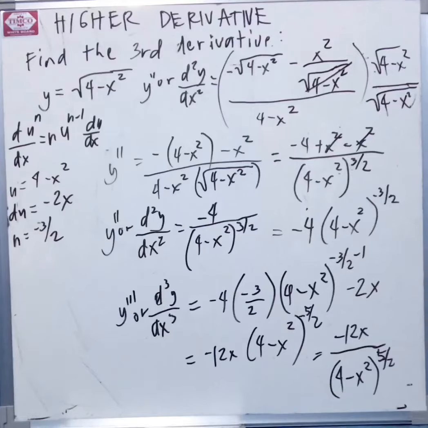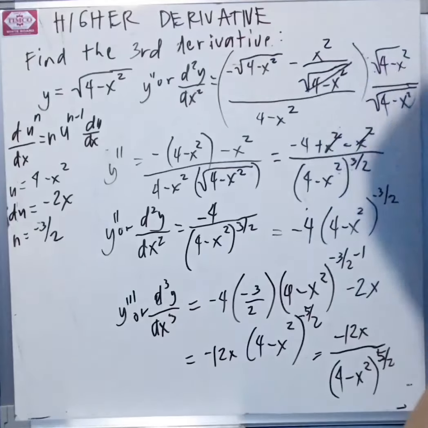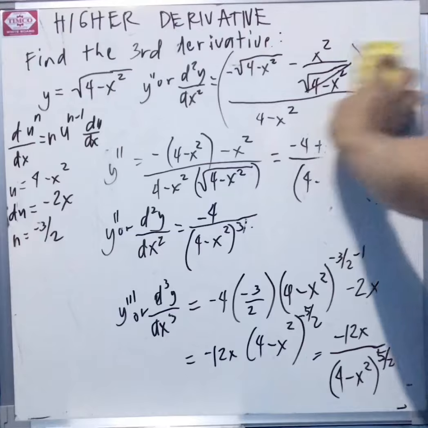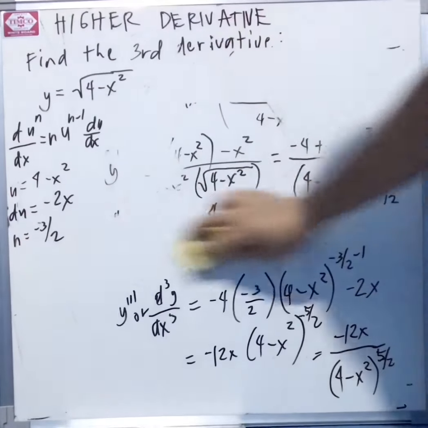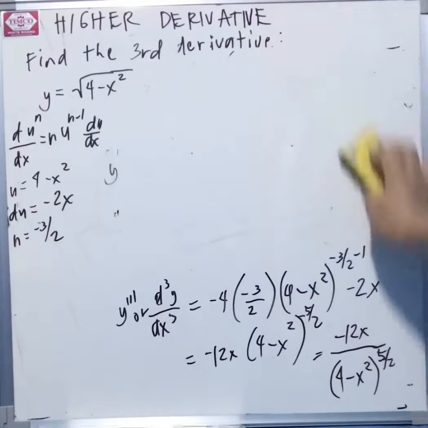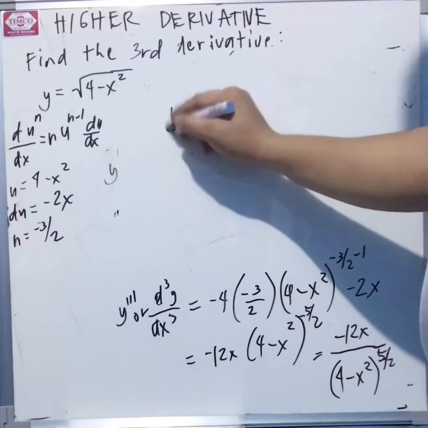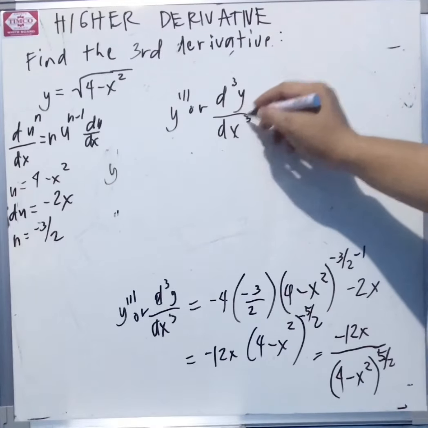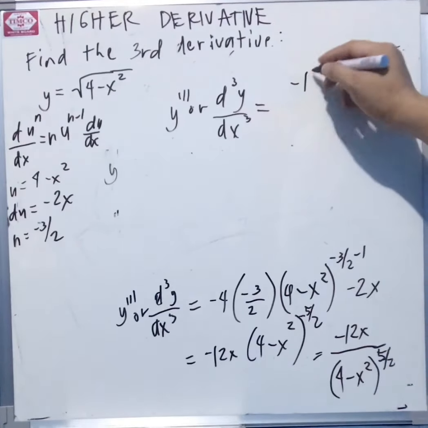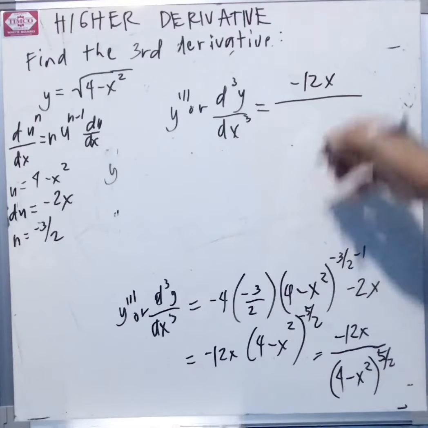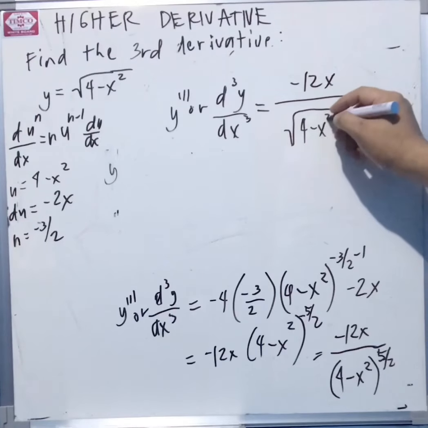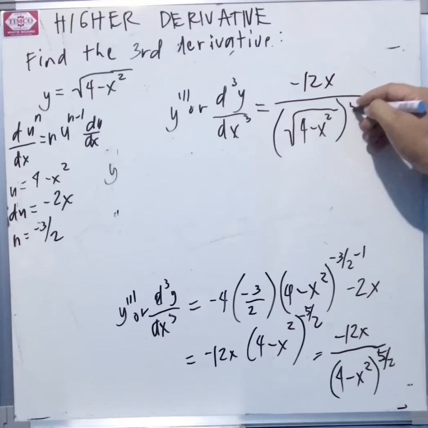Okay, so, ang ating third derivative. Ang ating y triple prime or third derivative of y over dx cubed is equal to negative 12x all over square root of 4 minus x squared raised to 5.